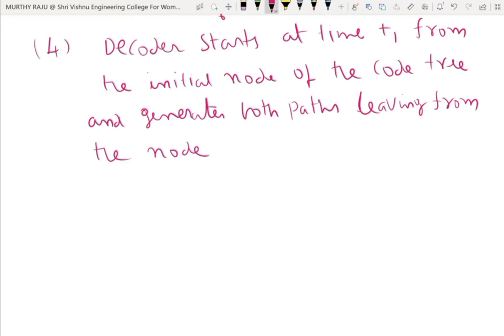Sequential decoding operation is totally based on code tree analysis.